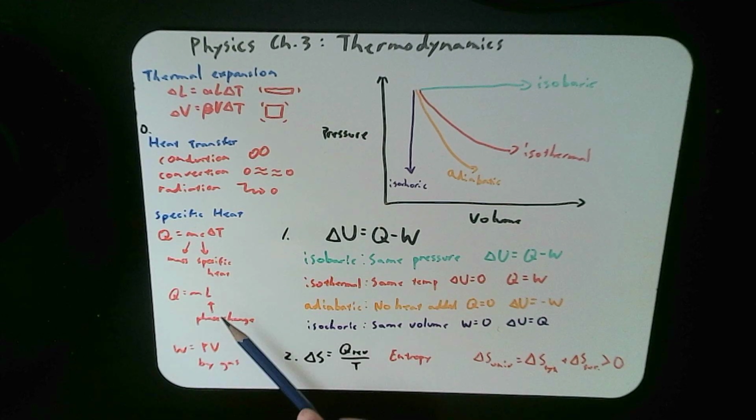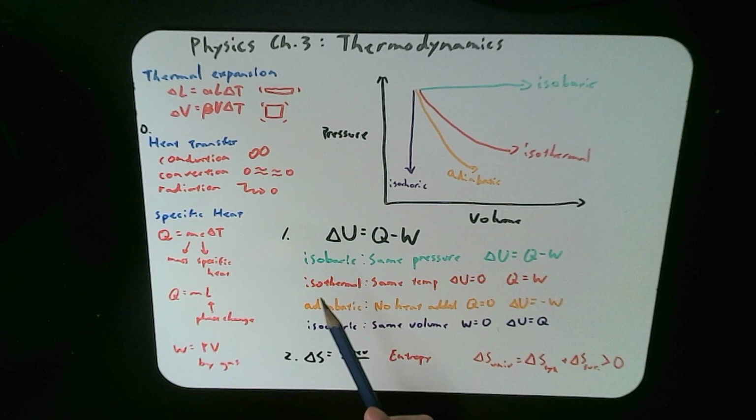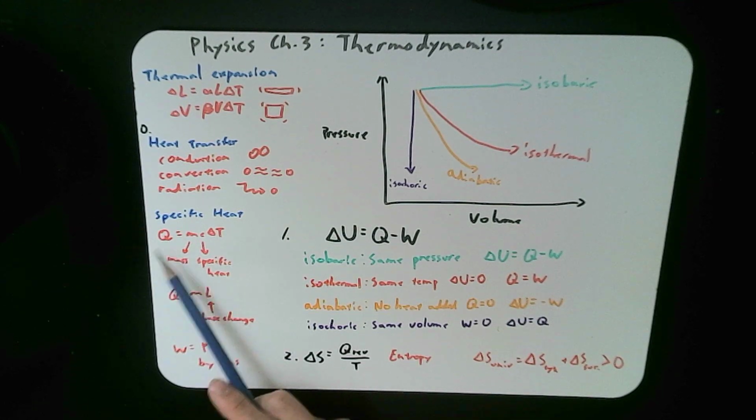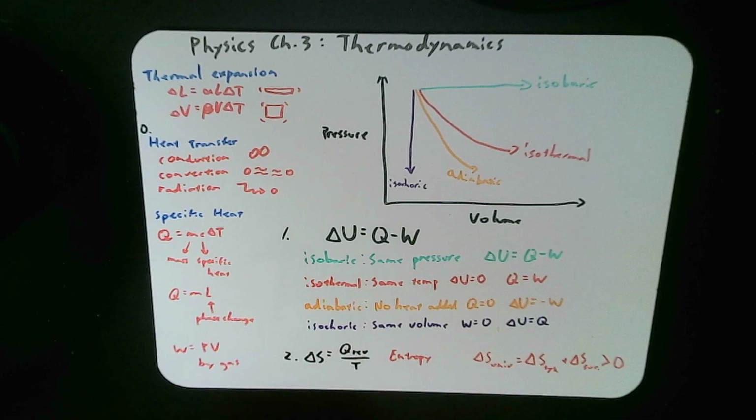That's the heat required for fusion, which is melting, and also the heat required for vaporization, which is turning from water into steam. The phase change also requires energy itself. So that is to be added to the Q requirement for the change in temperature within the same state. The change of state will also need an energy addition.